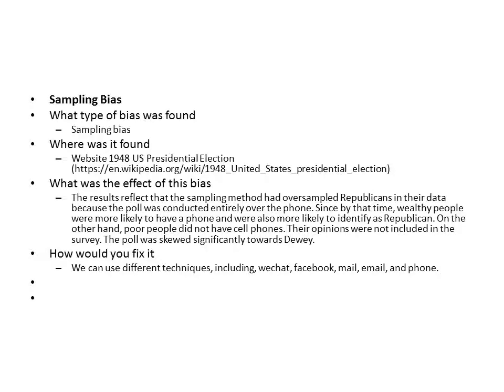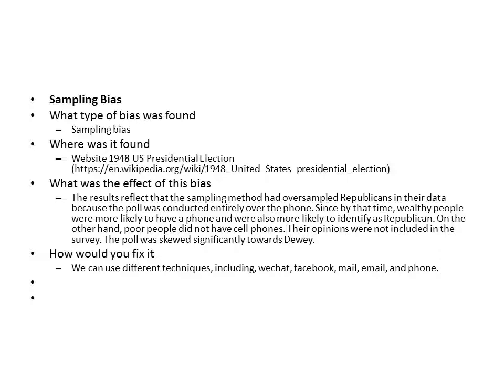So we will talk about sampling bias first. Where did I find it? Actually, this is one of the assignments we did before, which is about the 1948 U.S. presidential election.